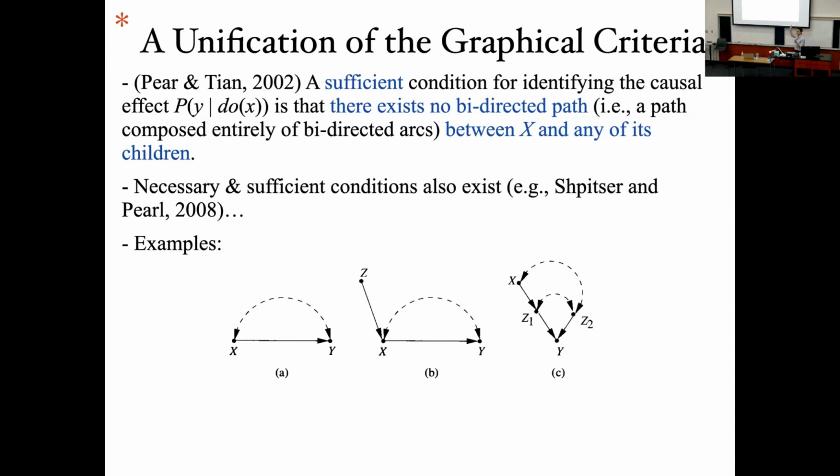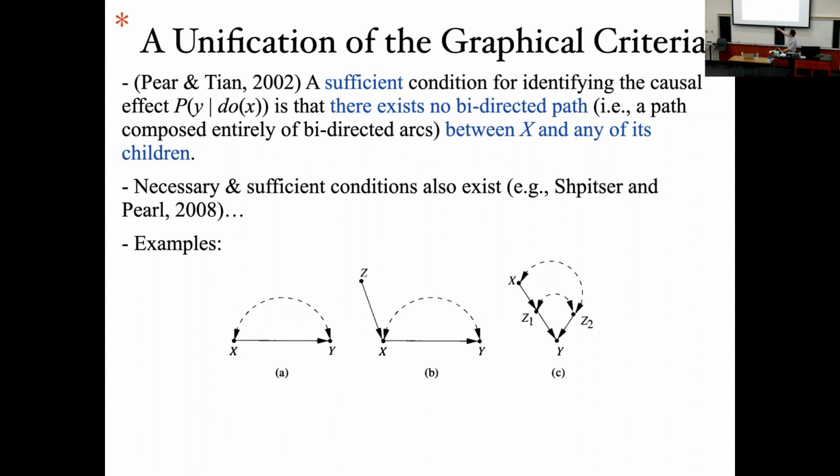It looks not so straightforward, but let's look at this condition by making use of some examples. If this condition holds true, then we say yes, the causal effect of X on Y is identifiable. That's why it's an identifiability condition.